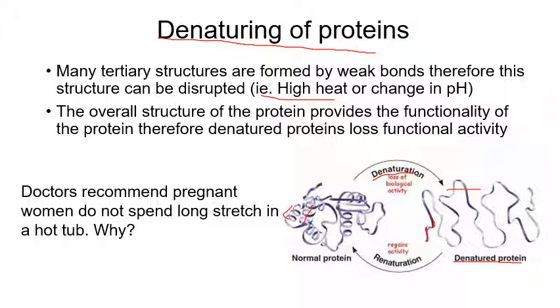Although you probably wouldn't need extreme heat, you don't want to take any chances. But that's an example of heat may cause denaturing of the protein, and if the protein is denatured, then it is non-functional.